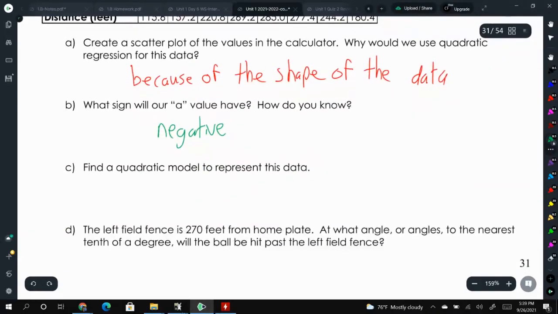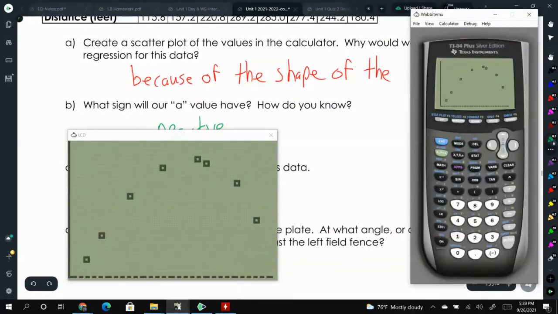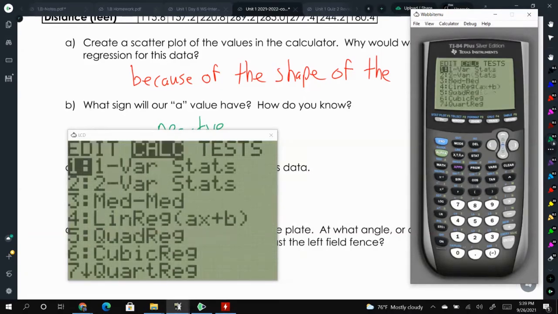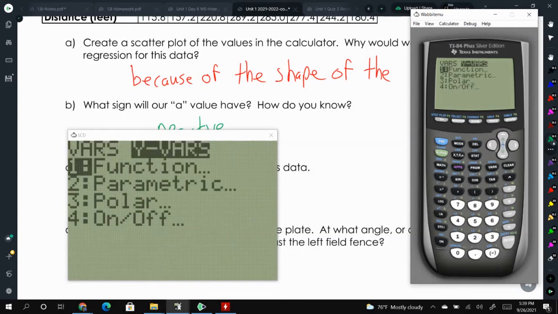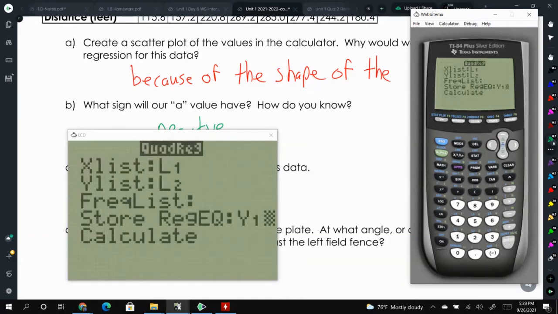Find a quadratic model that represents this data. Okay, so that's when we go and say stat. We go to calculate, and we go down to quadratic regression. I'm going to store this in Y1.